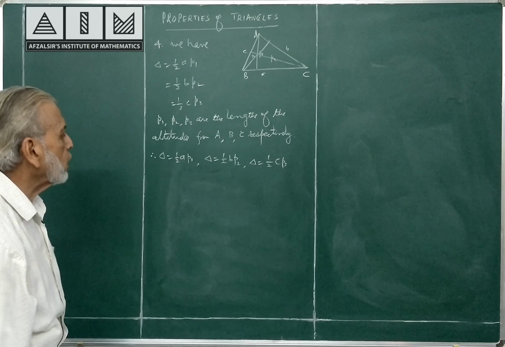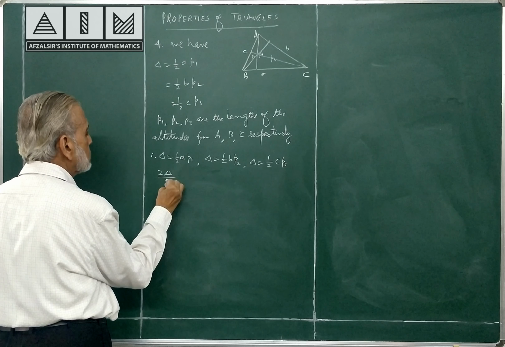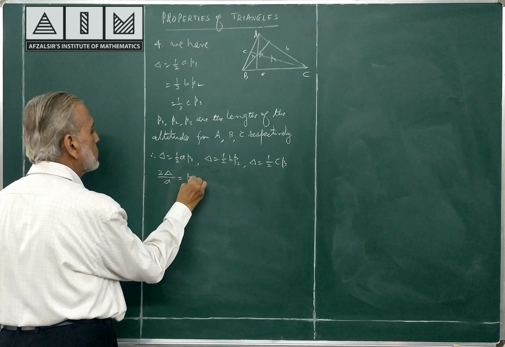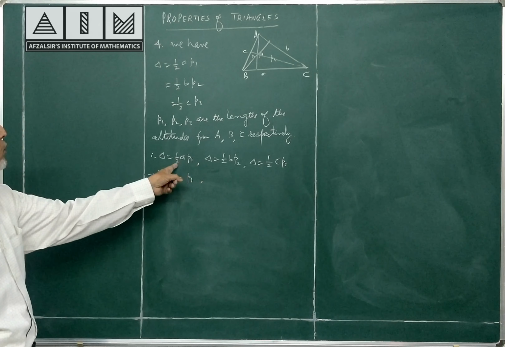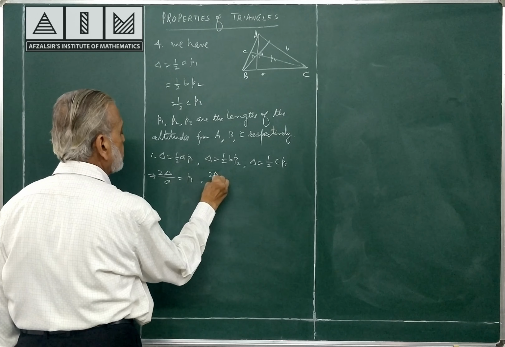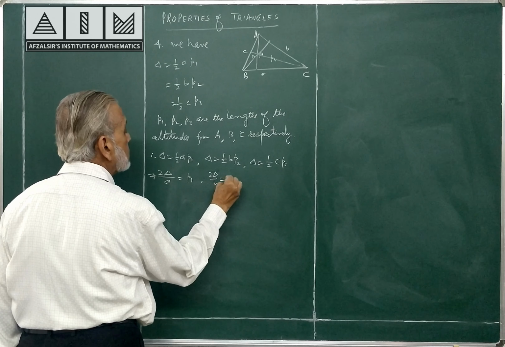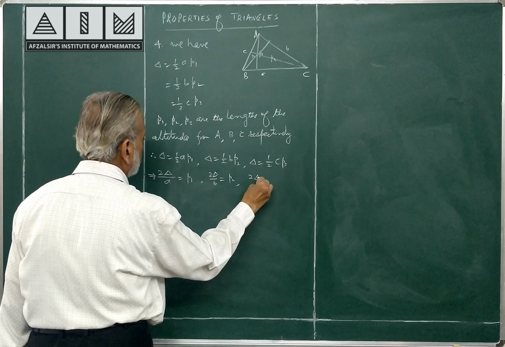Please watch carefully now. P1 is equal to 2 delta by A. P2 is equal to 2 delta by B. P3 is equal to 2 delta by C.